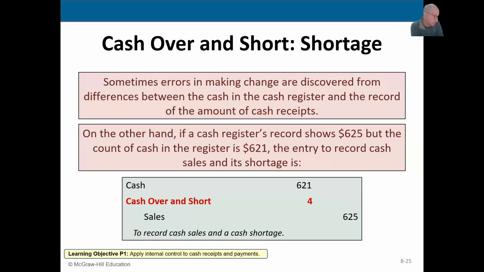What happened? Gave too much change. We debit cash 621 because that's what's actually in there. We debit cash over and short $4 because that's what's actually missing. And we credit sales 625. Notice that your total debits always equal your total credits. You all know that, but I'm just saying.